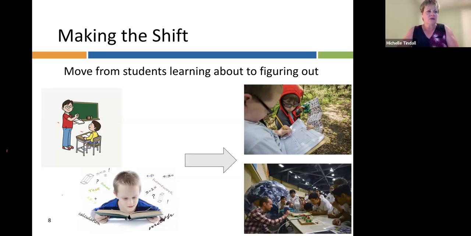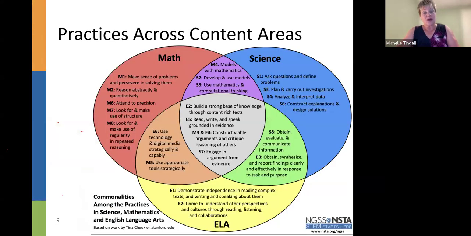So as we're trying to make this shift, we're really looking at the practices not just in isolation, but across content areas. Right. So if we look at the center, we'll see the red oval is the standards for mathematical practice.